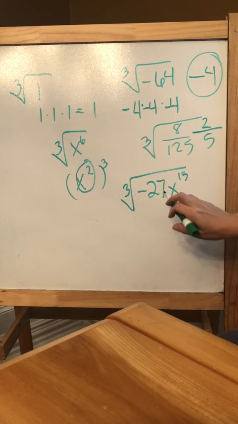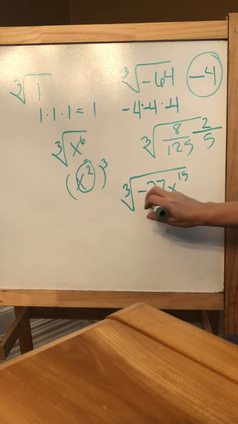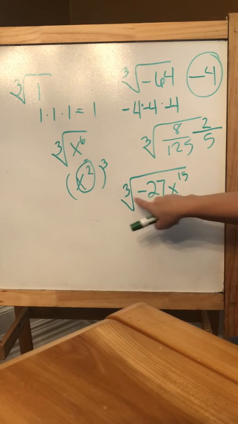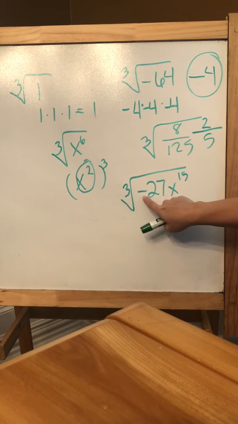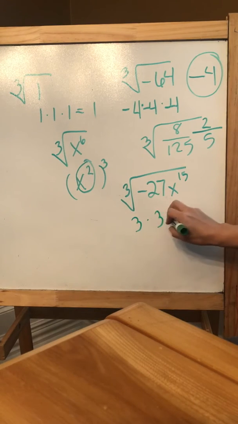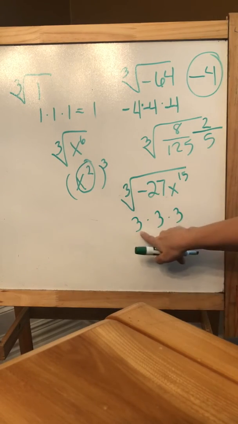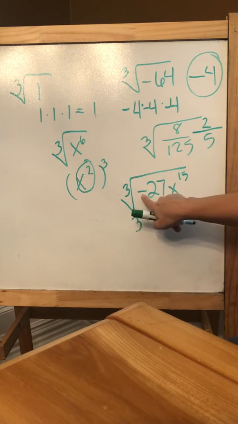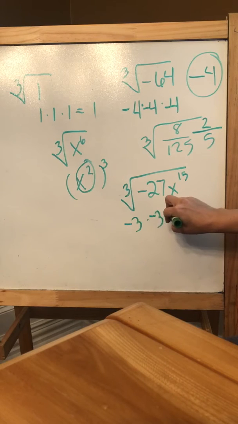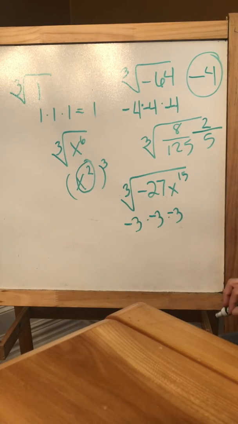So first we said, what is the cube root of this part? What times what times what is going to give you negative 27? And it's taking the cube root, so we can have a negative under here. So 3 times 3 times 3 gives us 9 times 3, positive 27, but we need to end up with the negative sign. So negative 3 times negative 3 times negative 3, okay?